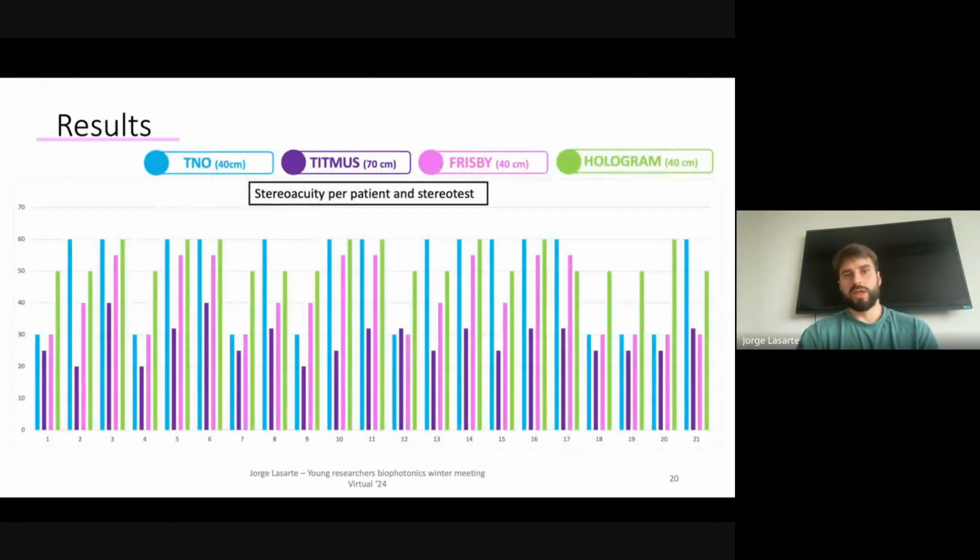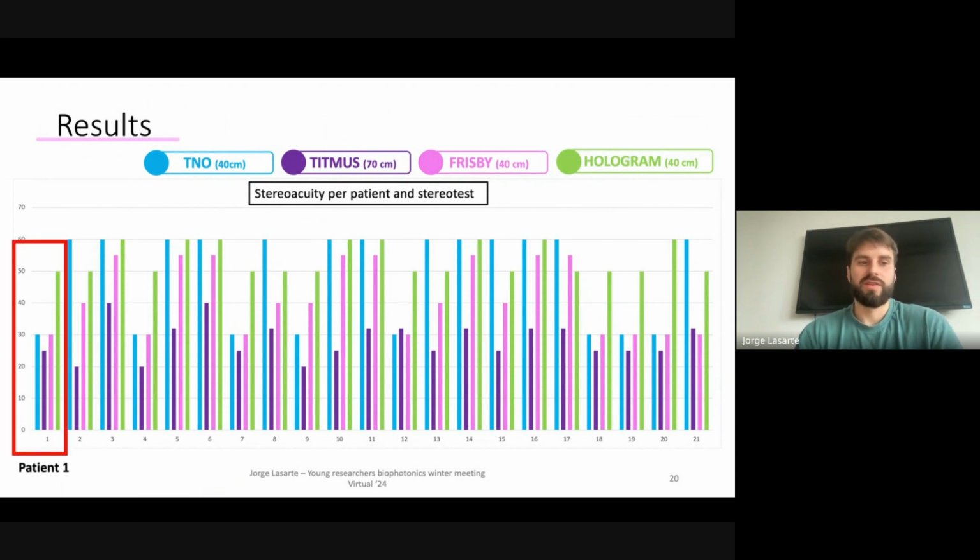So the results initially would seem obvious, as we probably know. Titmus is the best, but I'd argue that even though it shows to be the best, because it's the lowest, it's a test that we all know what to expect, and it doesn't really go further than 50. So even if you're at 60, 40 or anything, you're going to be at that kind of low peak.